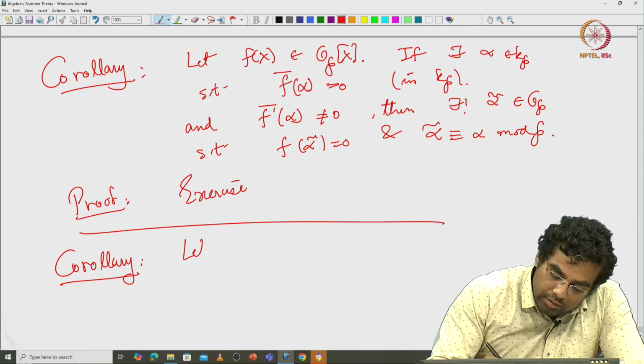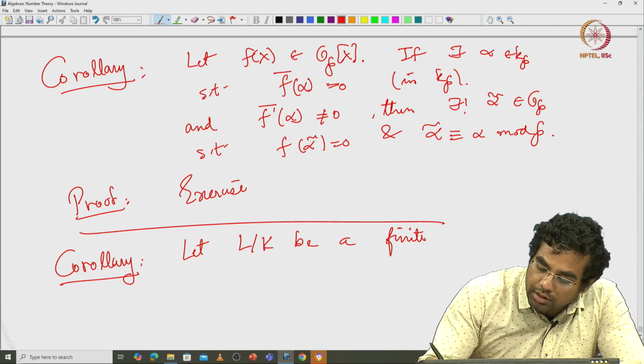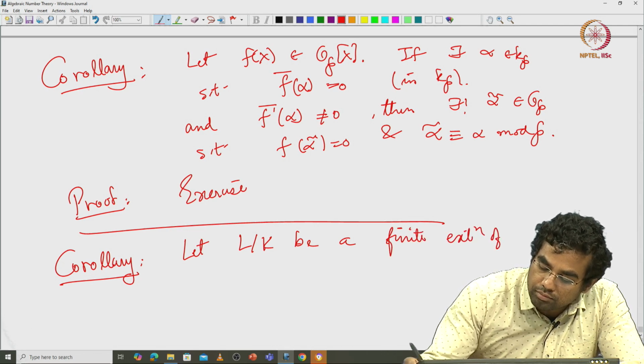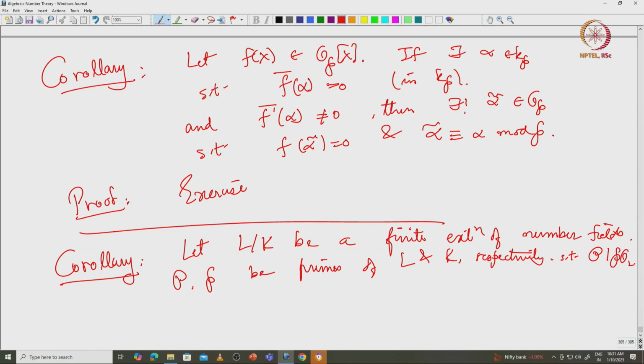As a corollary we get the following. Now let L over K be a finite extension of number fields, and let capital P and small p be primes of L and K respectively, such that capital P divides small p O_L.